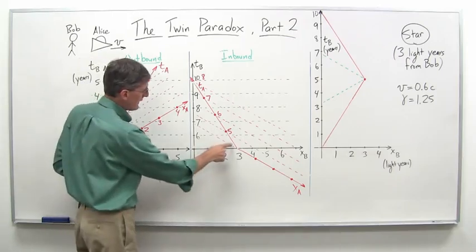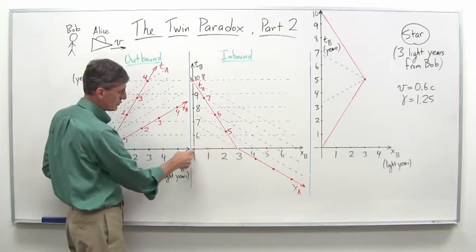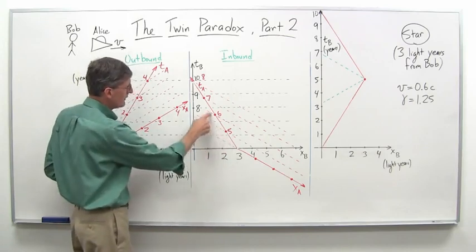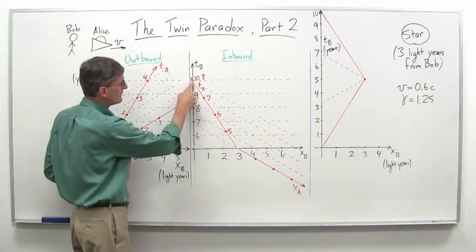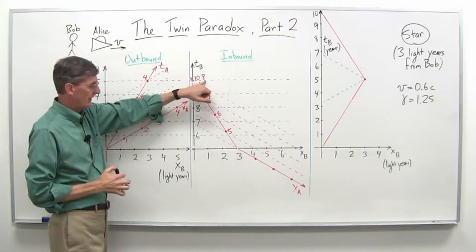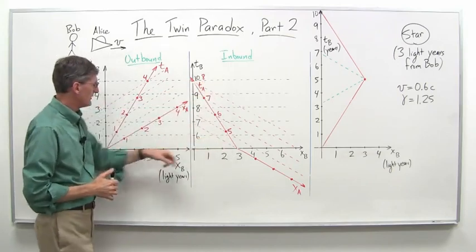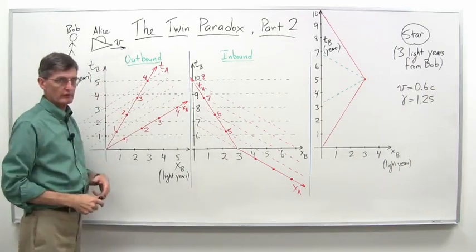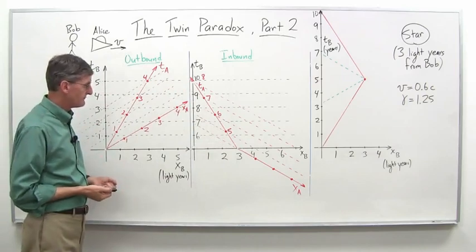As she moves back towards Bob's position at 0 here, when she gets back, her clocks have ticked off 8 total. In other words, to get to here she went to 4, and then going back, it's just another 4. So that's very symmetrical.